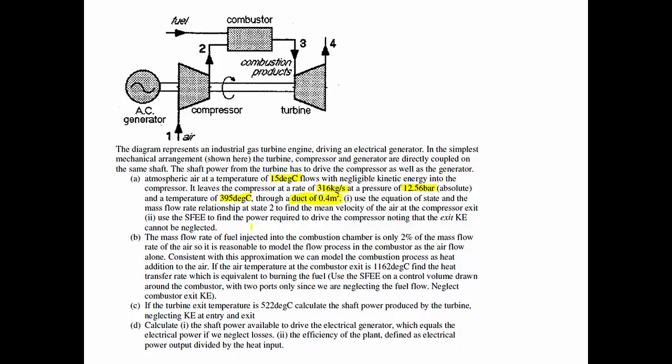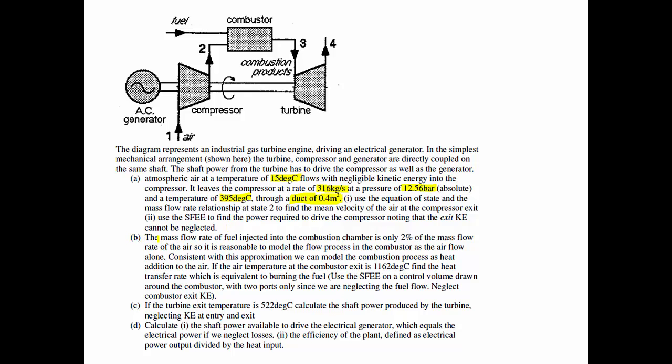And then it says use the steady flow energy equation, so we're going to simplify that right down, find the power, so the mechanical work required to drive the compressor, and then in this case noting that the exit kinetic energy cannot be neglected. So we're going to do it 2 ways, including and excluding the kinetic energy.